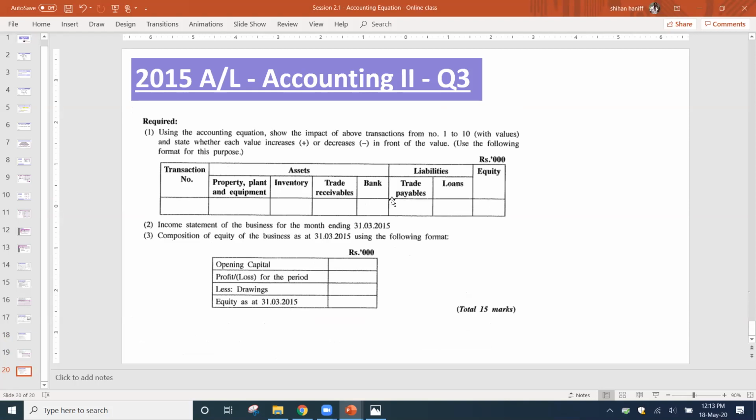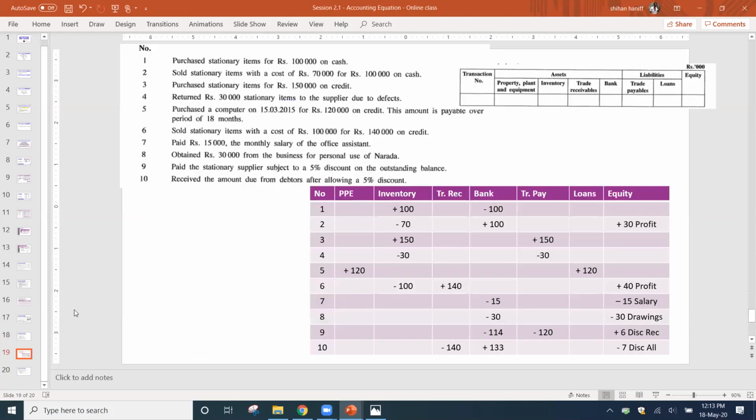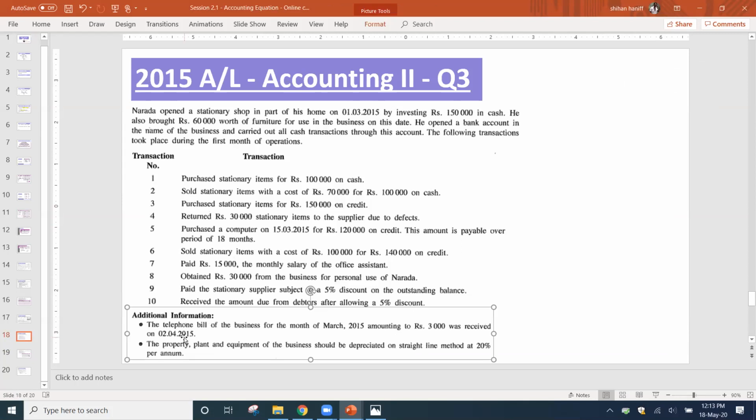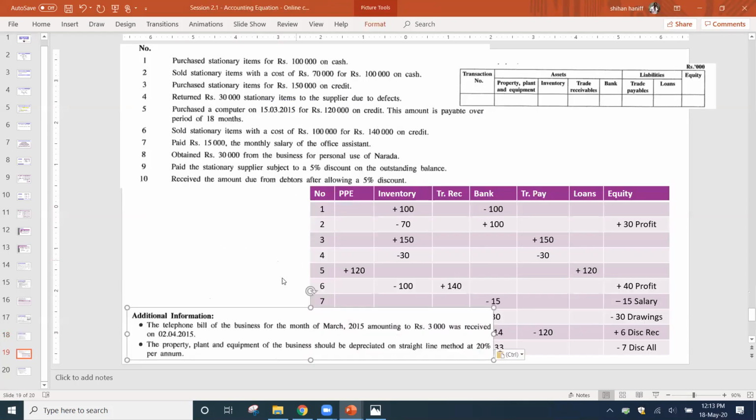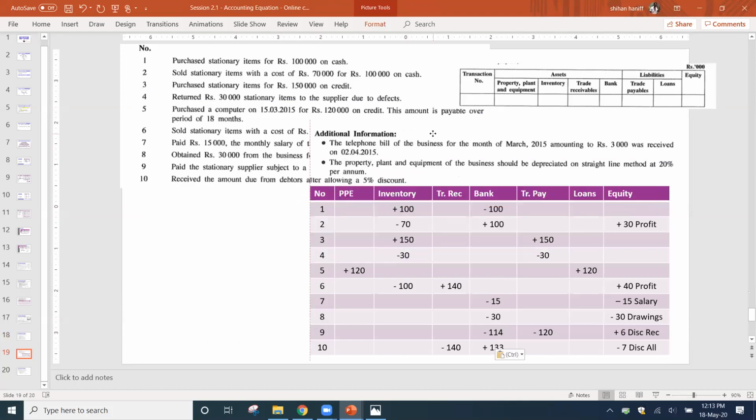Then the question is the income statement of the business. Right. So let's prepare the income statement, including these two adjustments.